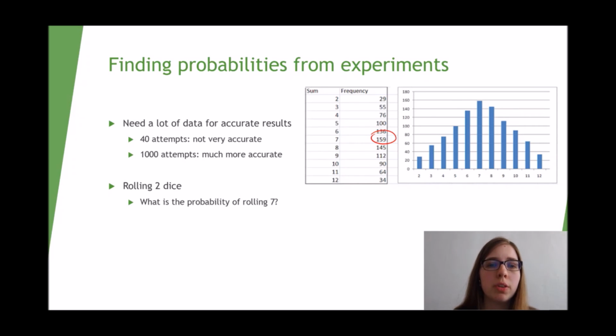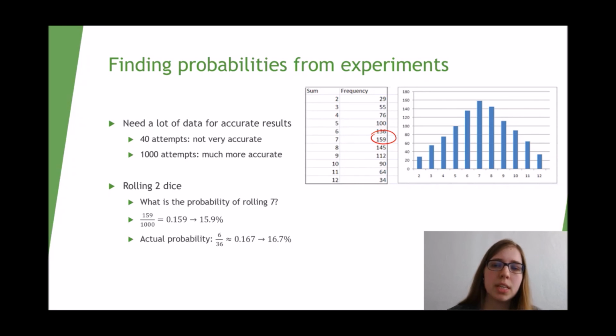So if I want to know the probability of rolling a 7, I divide that 159 by 1,000, the total number of attempts, and I get 0.159, or 15.9%. Of course, I can also calculate the probability. If I do that, 6 out of the 36 possible options, I would get 16.7%. So it's not perfect, but it's only 0.8% off. It is very, very close.